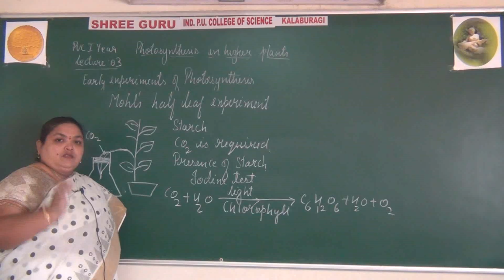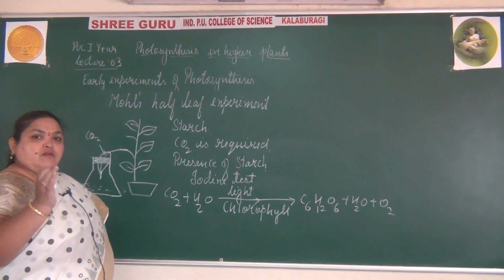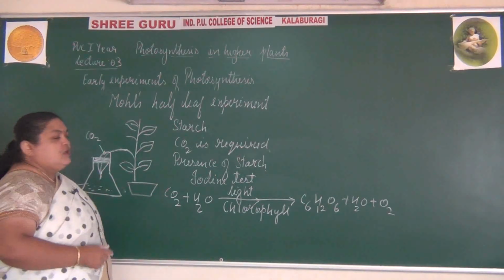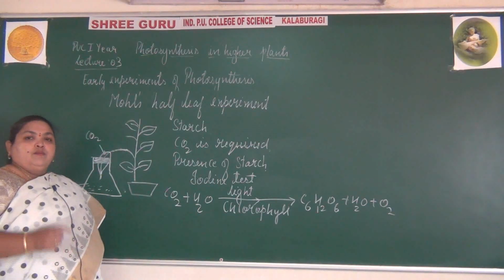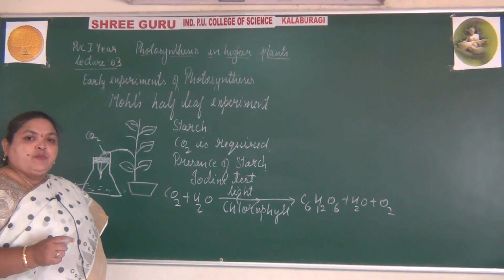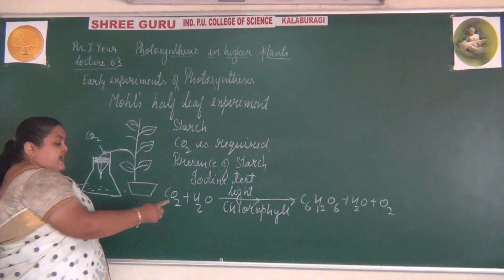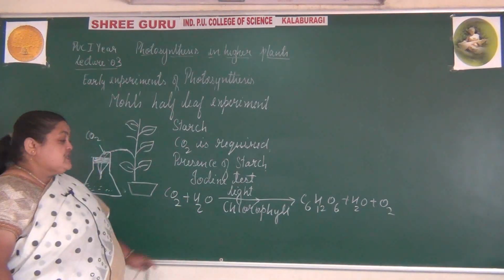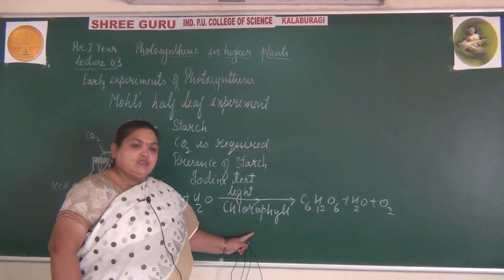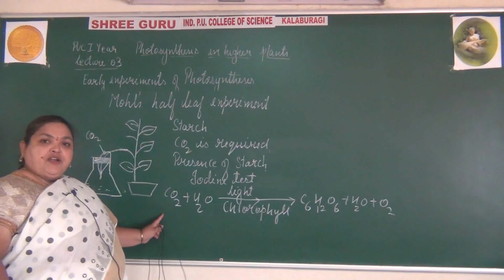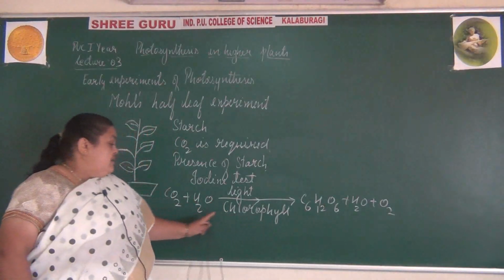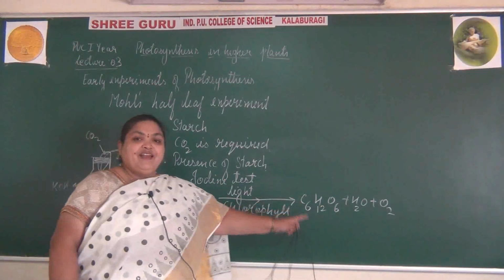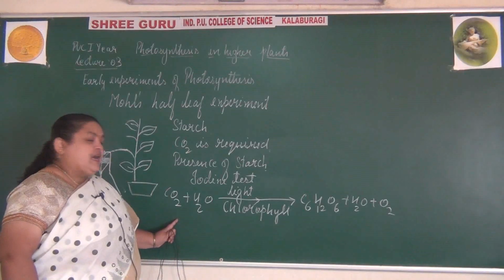Joseph Priestley, Ingenhousz, Van Niel, Engelmann and Sachs, along with Moll, demonstrated experiments on photosynthesis to show that carbon dioxide, light and chlorophyll are necessary for photosynthesis, where carbon dioxide is reduced to form glucose, and by photolysis of water, as said by Van Niel, oxygen is released from water and not from carbon dioxide.